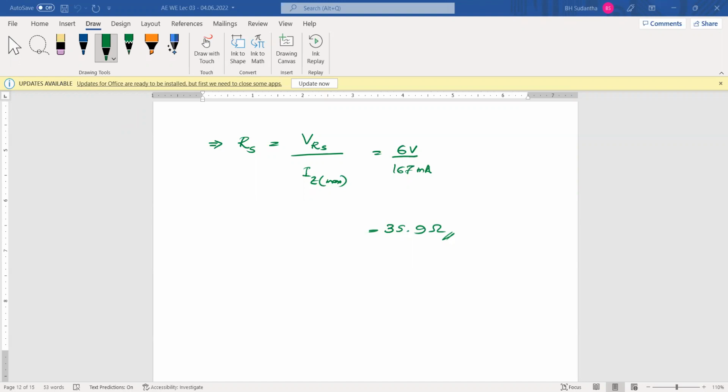One thing we have to understand well is the characteristic curve of the Zener diode.